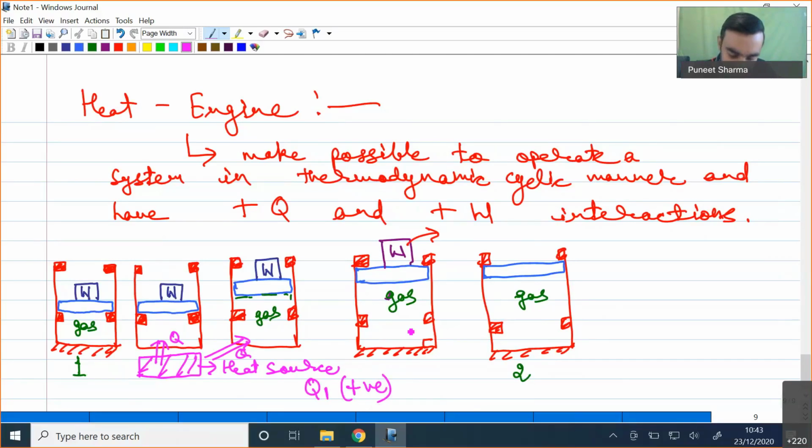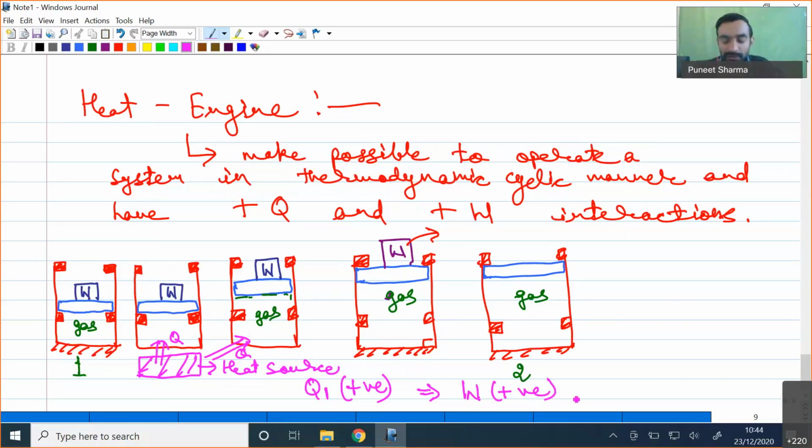Because of this heat transfer, while the piston was moving upward, the piston has raised W weight. So our system has done some work. Say W amount of work is done by the system during the change of state from 1 to 2. This work will also be positive work.